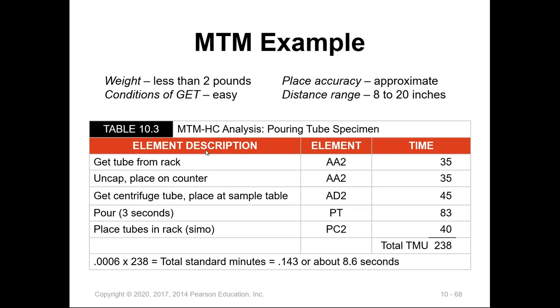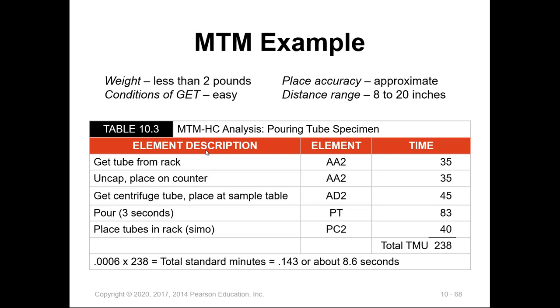And for that we can replace all the codes for the elements with the time in time measurement units, and as a result the total of the TMUs for the task elements will equal 238 TMU.